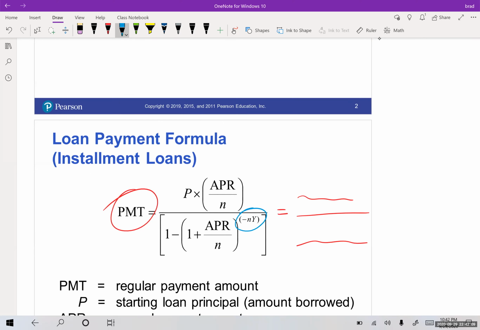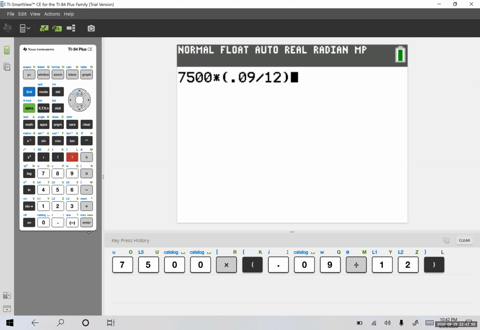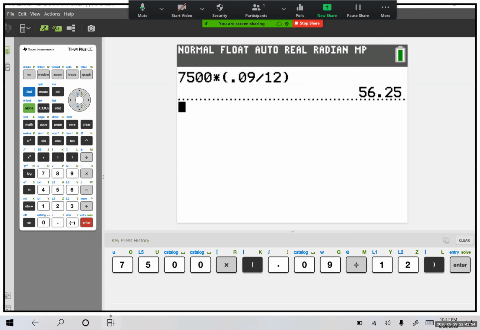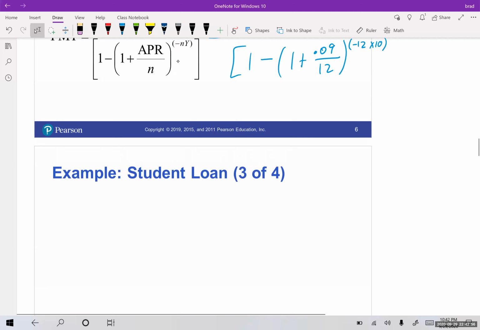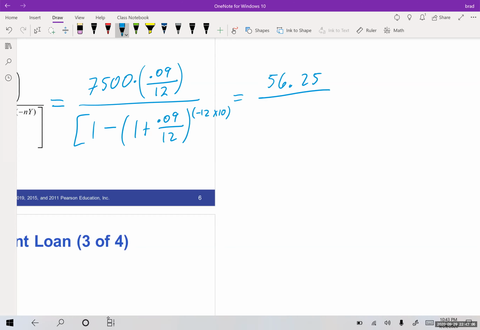So the numerator is going to be 7,500 times parentheses 0.09 divided by 12. I think that was correct. So we get 56.25. So let's write that. Maybe I should write it over here. So this will be 56.25 divided by, now let's find out the denominator.